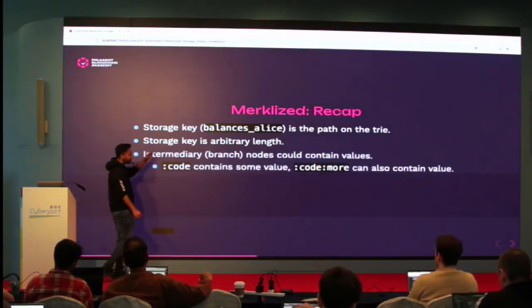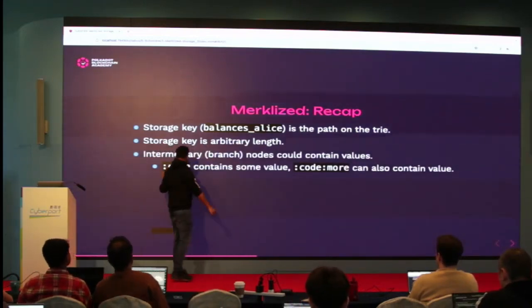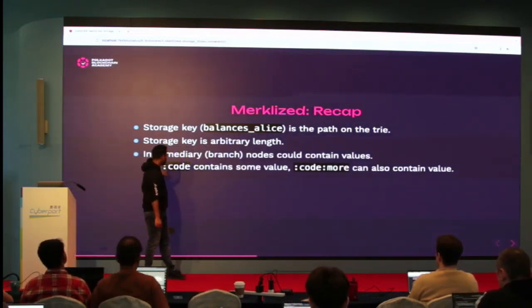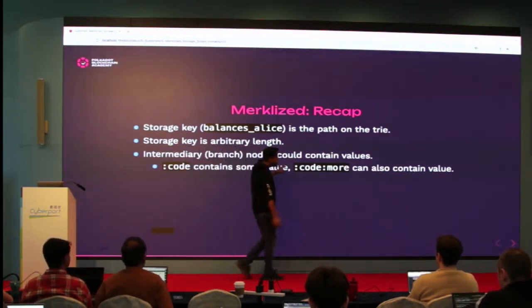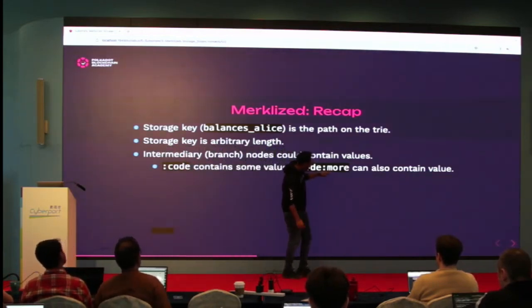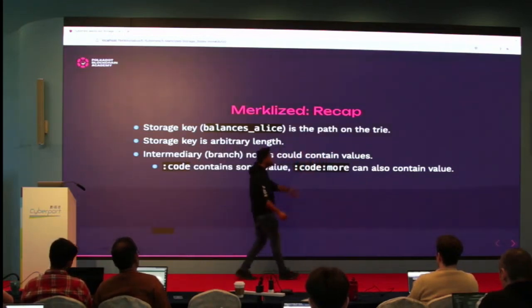Intermediate nodes in a trie can have values as well. You might already have seen this. Colon code contains the actual Wasm blob, but there could be something else also as a child, and it can also have a value.